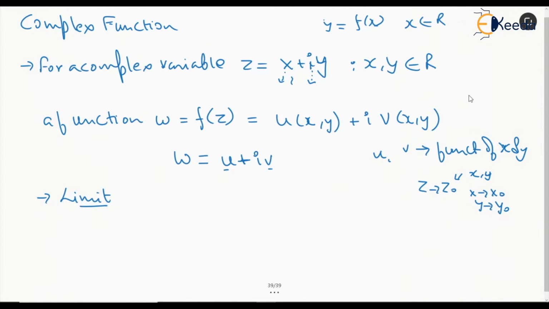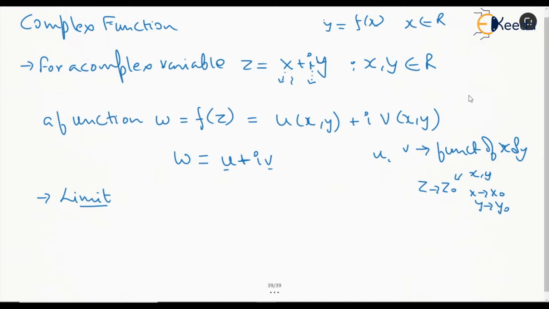That means in the case of single variable, it was approaching the x naught from a single curve, whereas in the case of complex variable, z naught can be approached from many curves, so that we can have different values of x and different values of y and such combinations approaching z naught, right?